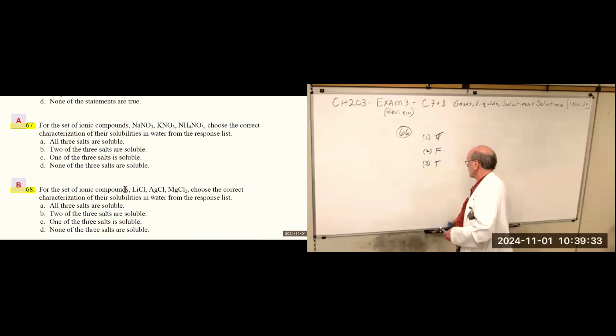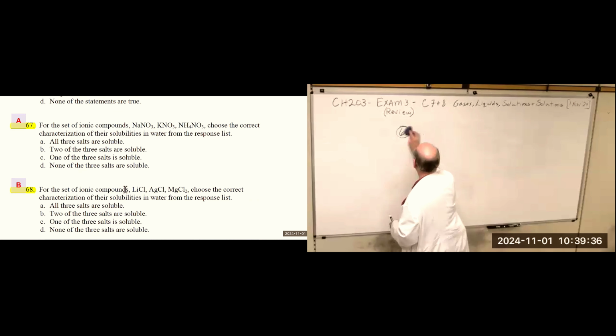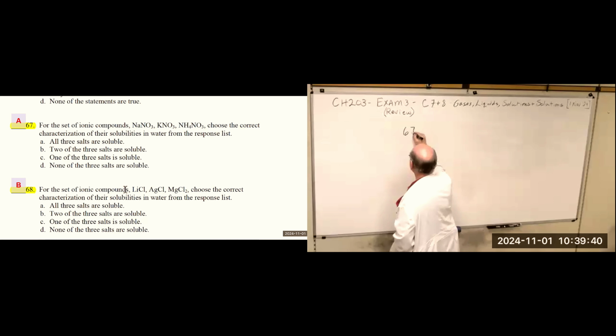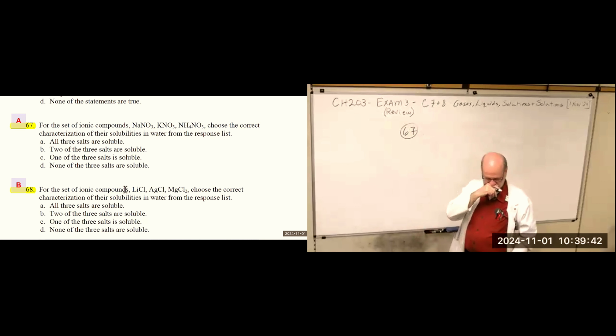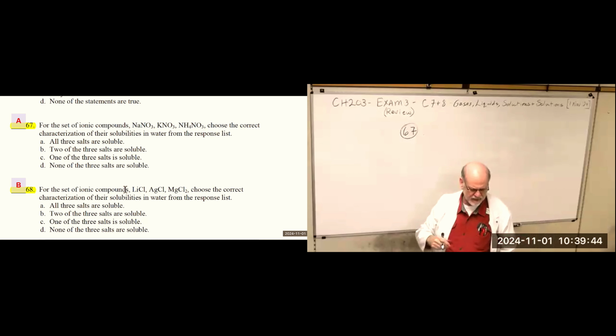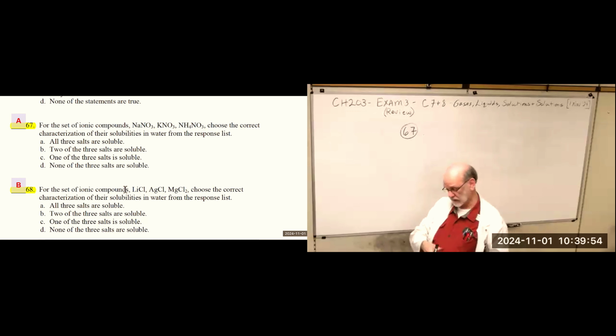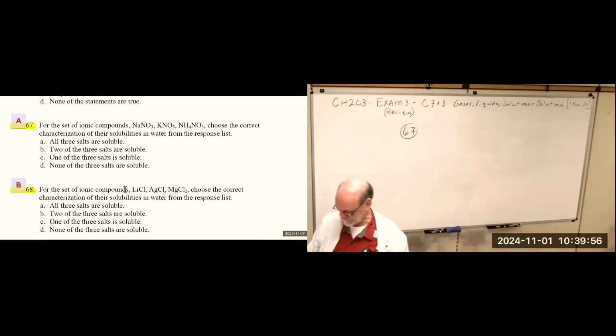Okay, 67. For the set of ionic compounds, sodium nitrate, potassium nitrate, ammonium nitrate, choose the correct characterization of their solubilities in water from the response list. You can look those up, right?